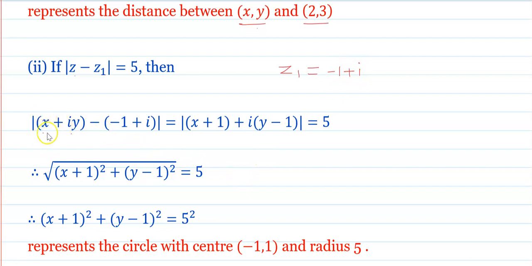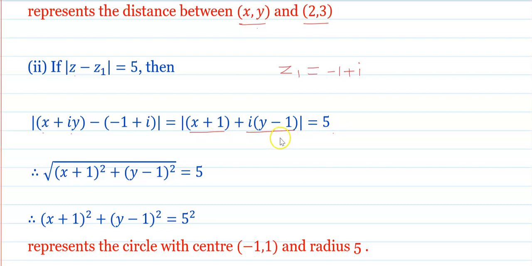And therefore mod of x plus iy minus (minus 1 plus i). If we simplify this, minus and minus will become plus. This is x plus 1, and the next will again become minus i. Take i as common, then you will get i times (y minus 1) is equal to 5.